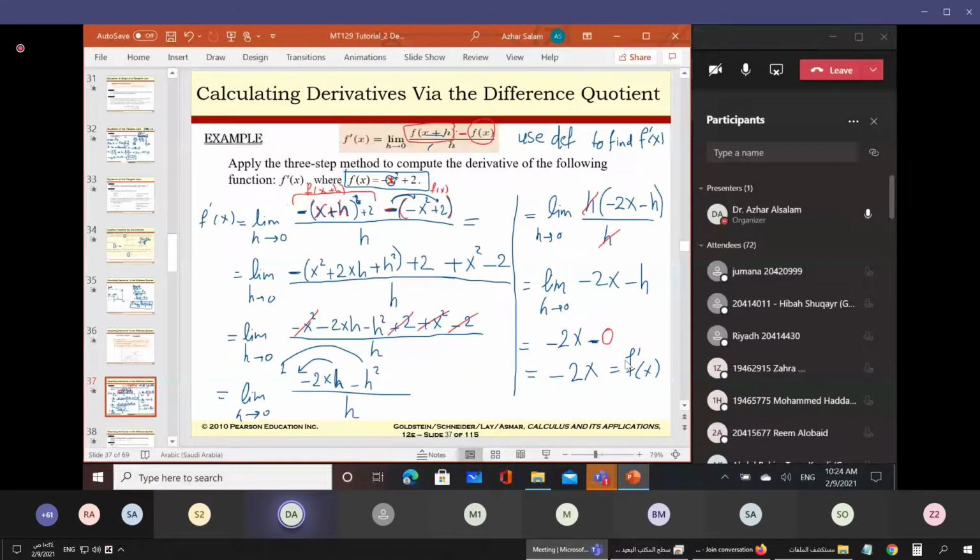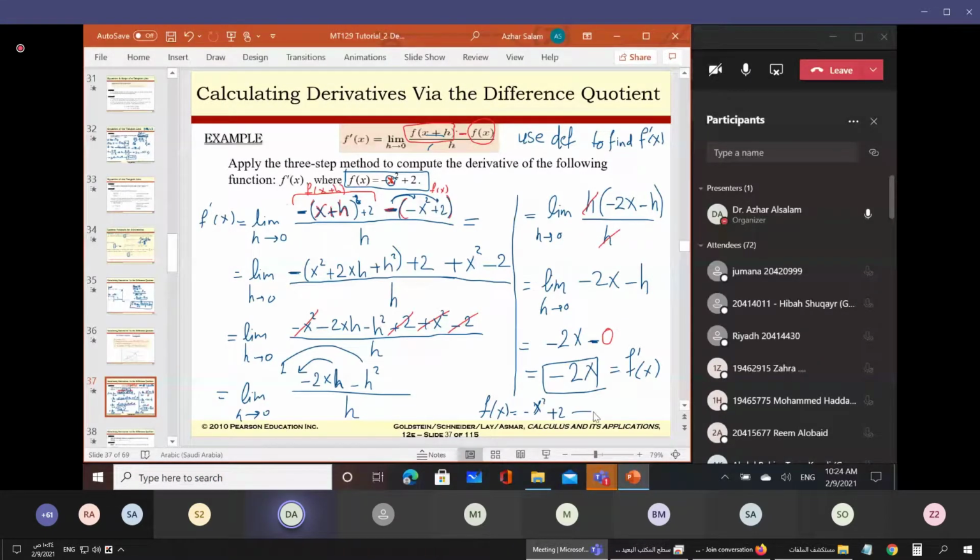And this is actually expected, since by the rules, this is the value of f of x, sorry. I have f of x given by minus x squared plus 2.